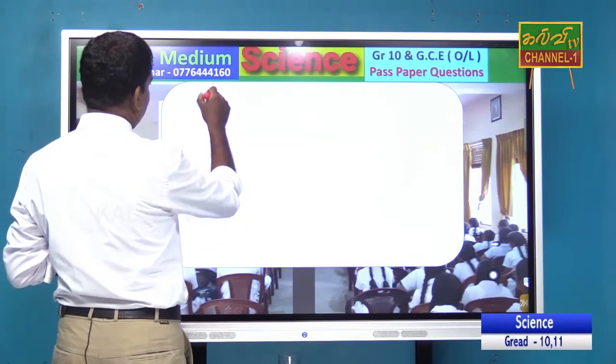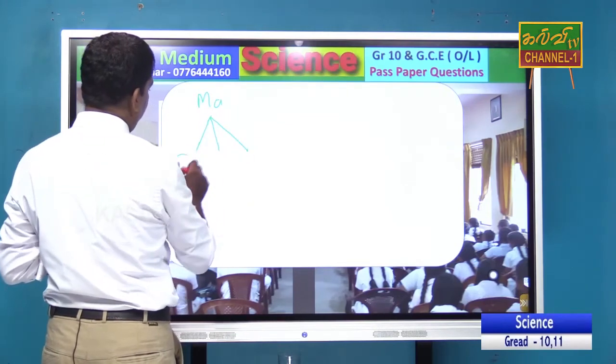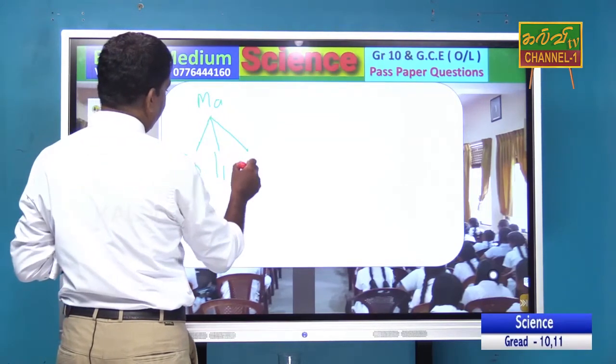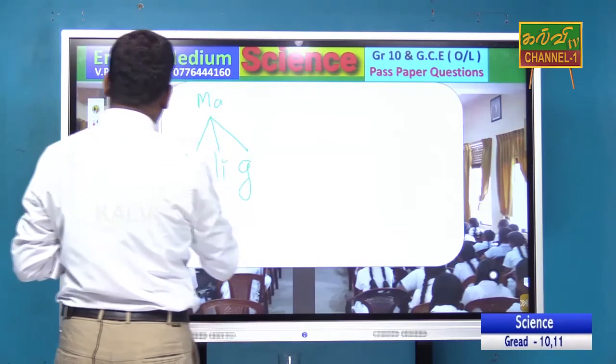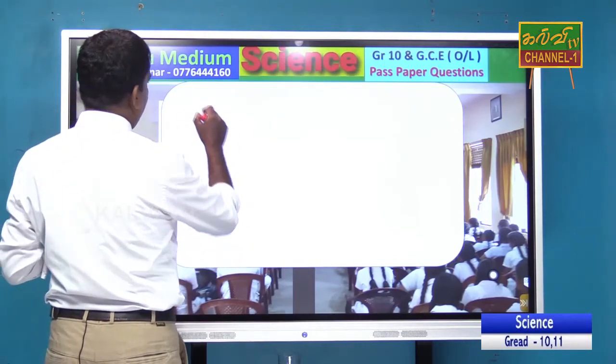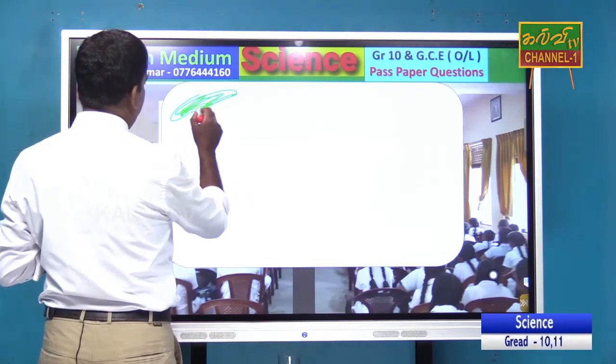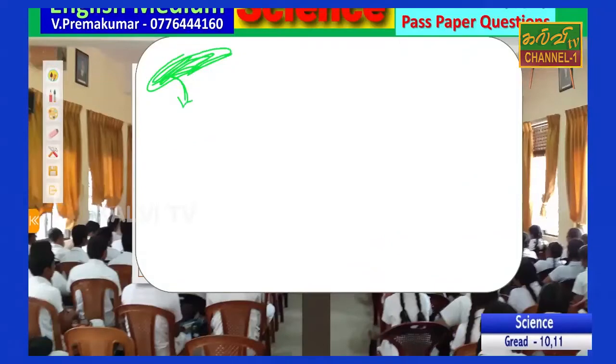Matter can be divided into three groups: solid, liquid and gas, right? If you consider a solid, the small particles we can find are molecules, small molecules.